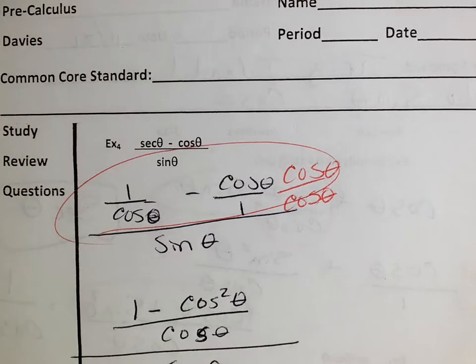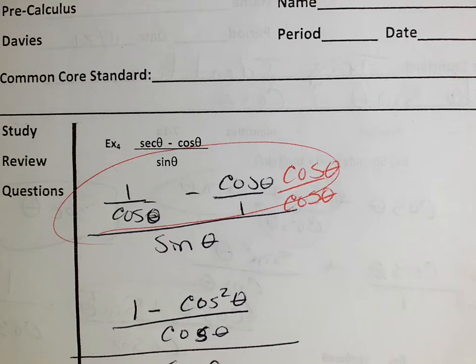Here's my common denominator, cosine, and I get 1 minus the cosine squared, and that's still over my sine.